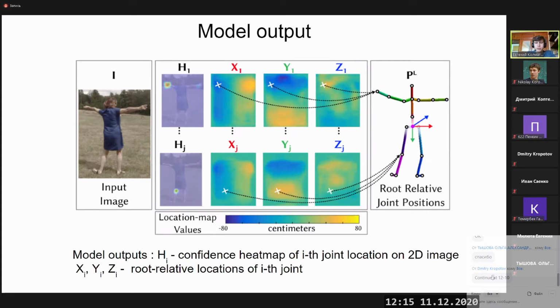As a root point, the center of the body was taken. And when they get the precise position, they find the maximum in the heat map and take this point from the other 3 tensors.